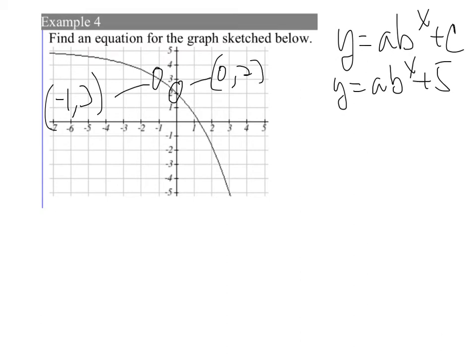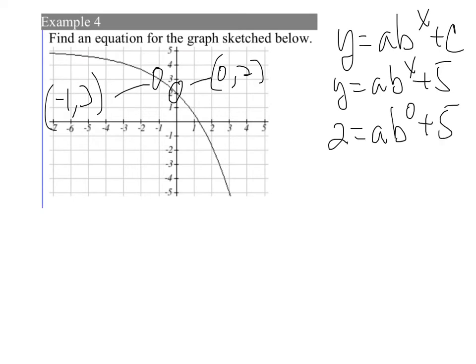So back before we had any kind of vertical shift, we were able to say, oh, there's that a number. We can just drop that right in. But this vertical shift messes things up. So what we're going to do is some substitution here. I know y equals 2 when x equals 0 plus 5.